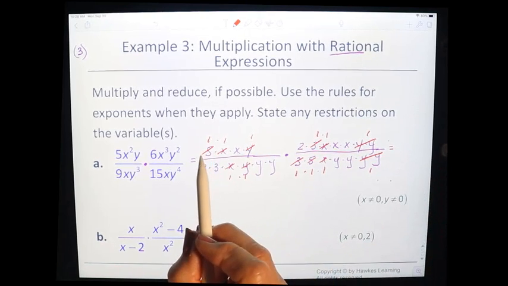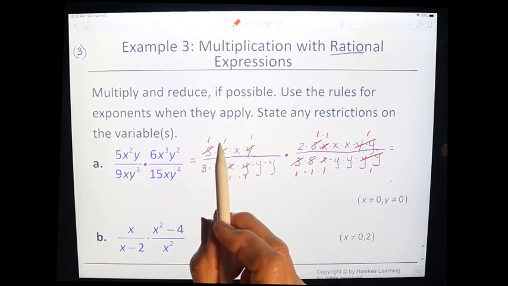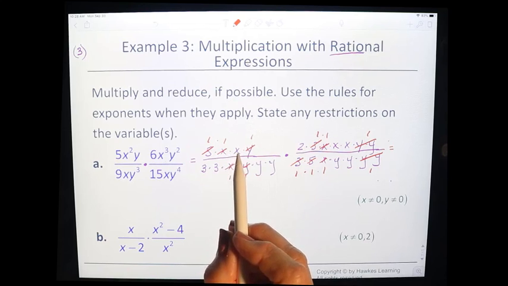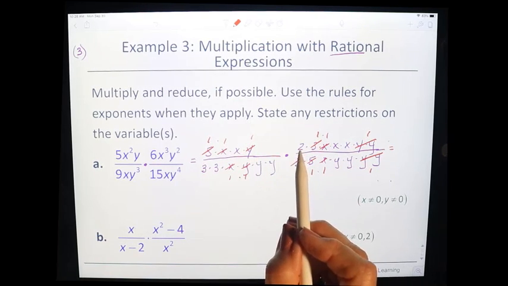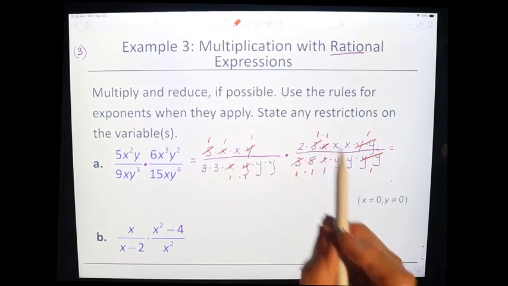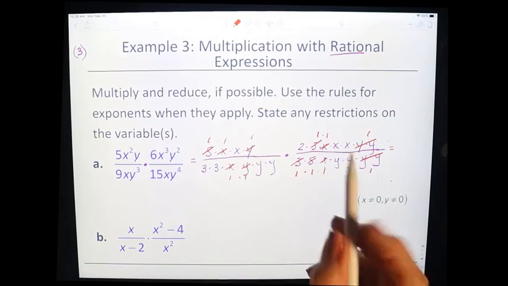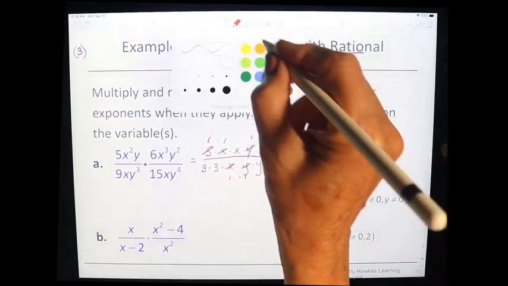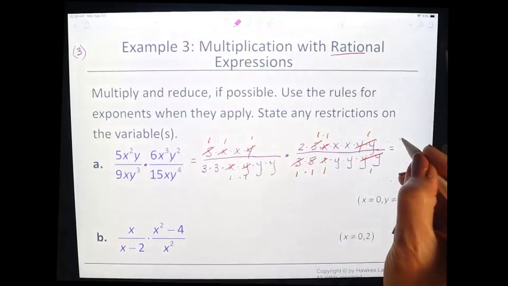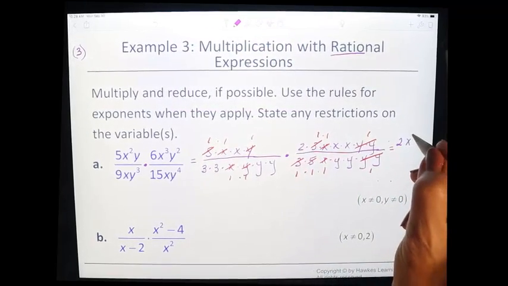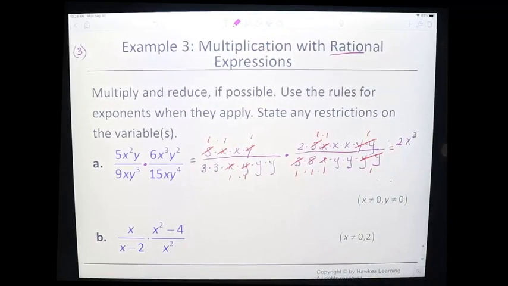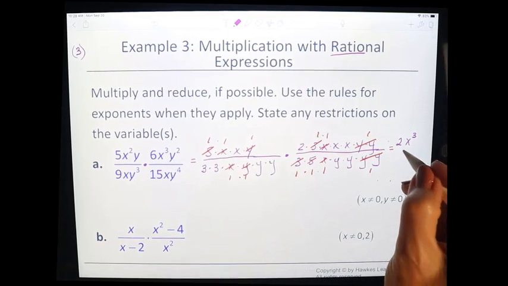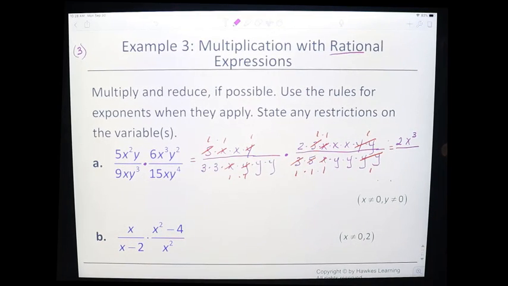So I'm searching through the numerator. I see 1 times x times 1 times 2 times 1 times 1 times x. Out of all of that, I hope you see a 2x to the 3rd power. So now let's go across the bottom and multiply back together across the bottom.